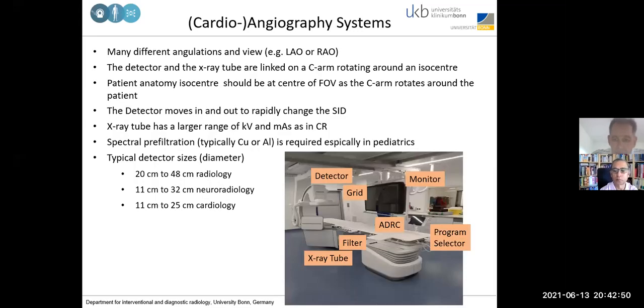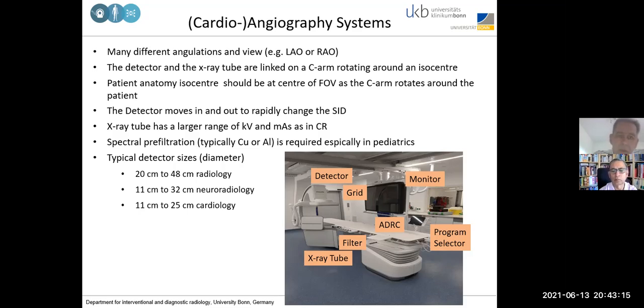On the right-hand side, you see a typical interventional part. You see a detector, X-ray tube, the filtering, the anti-scatter grid. You see the monitor. You see the automatic dose control, and of course, you see the program selector. And you have, as you can see, a lot of different angulation and views.